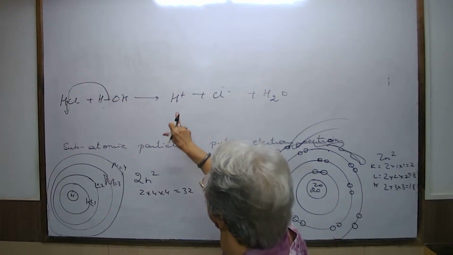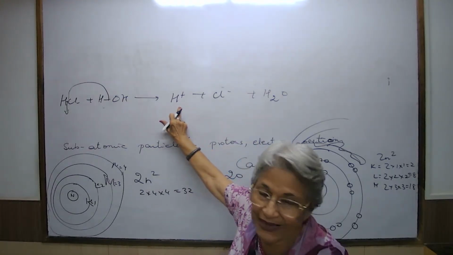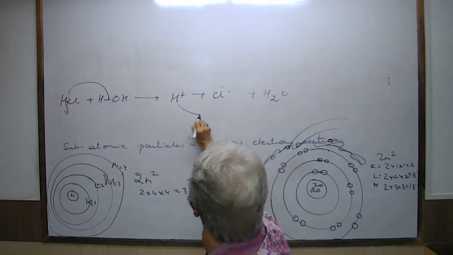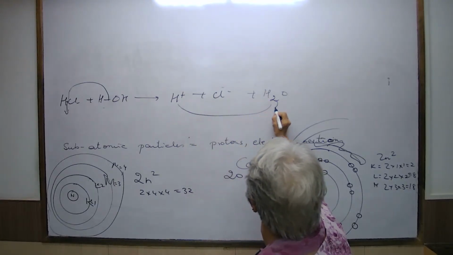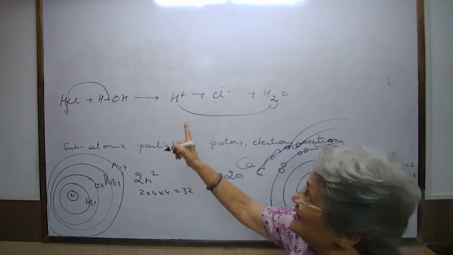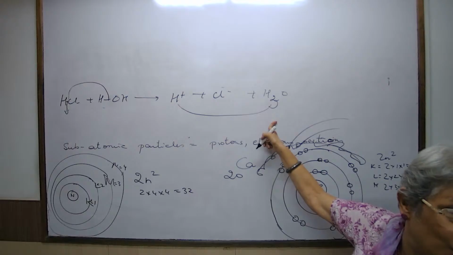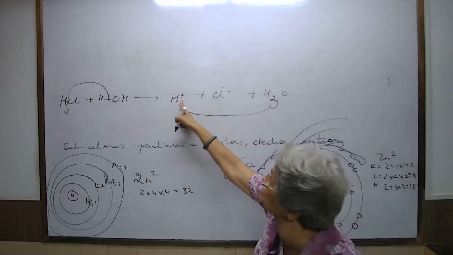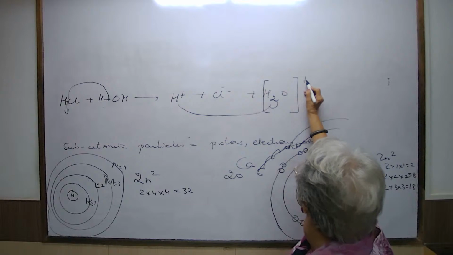Correct? Now this hydrogen ion cannot live alone. It will come very nicely and join water, and this water will become H3O. It marries this one. And it will become hydronium ion, and this positive charge it gives to the hydronium ion as its dowry.